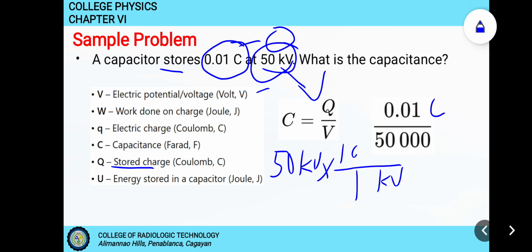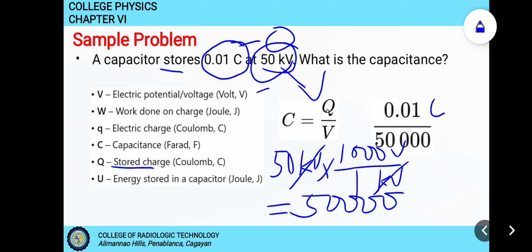We have 1,000 volts. So canceling kilovolts, that will give us 50,000 volts. That is why 50,000 is here, because we converted kilovolts to volts.